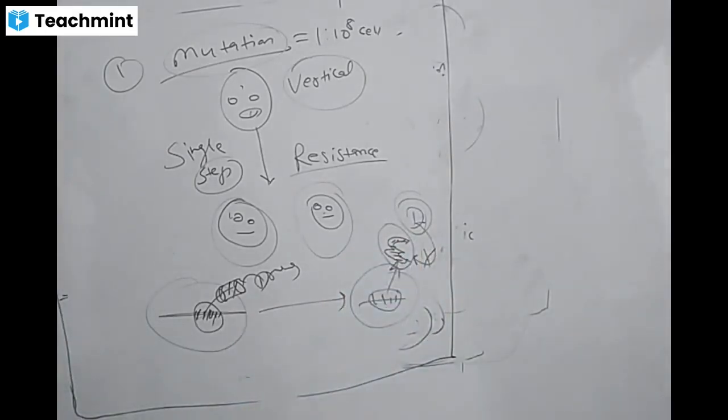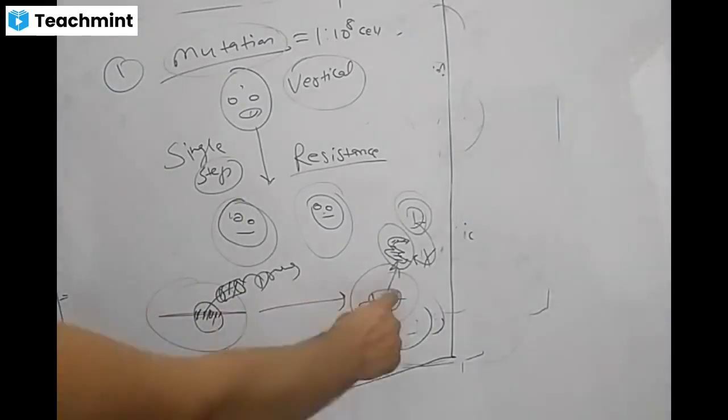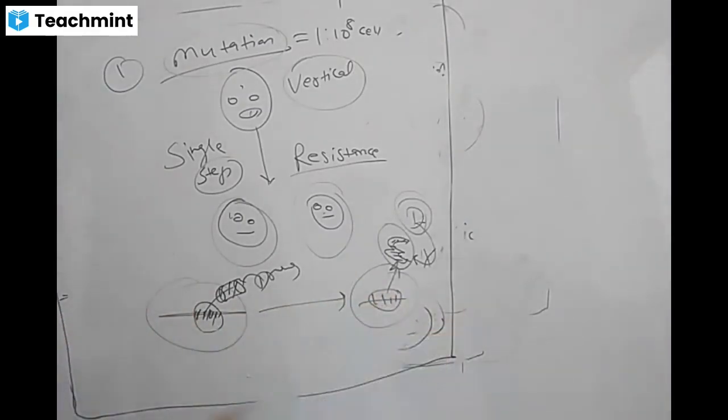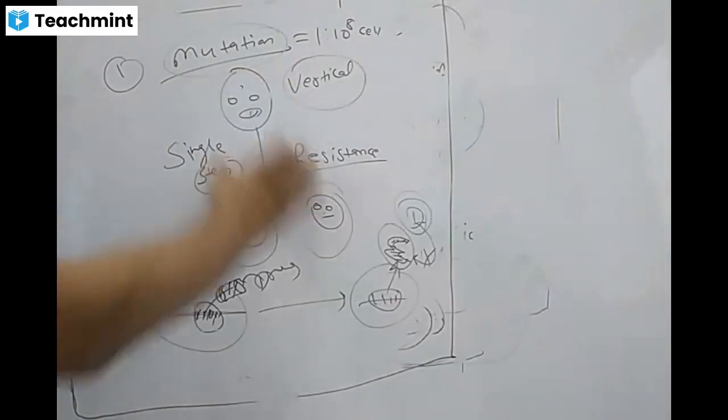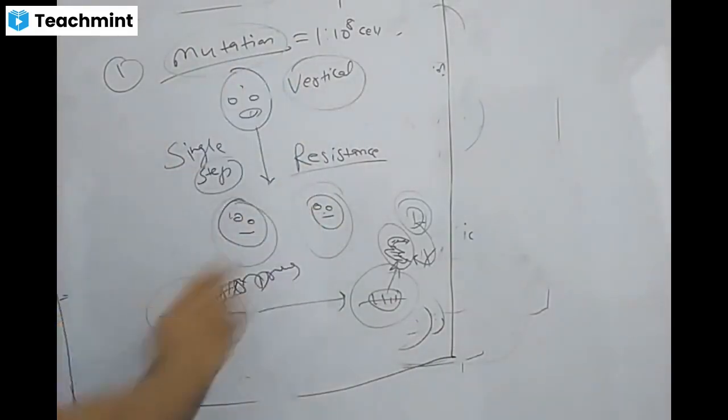So single step mutation means there is a large mutation in a piece of DNA that may lead to resistance. Opposite to this, multi-step mutation means the same thing happens in 2 or 3 steps. So mutation is a vertical type of transfer, parent to daughter cell, that may be in a single step, that is, a single gene which gets mutated and that may lead to resistance.